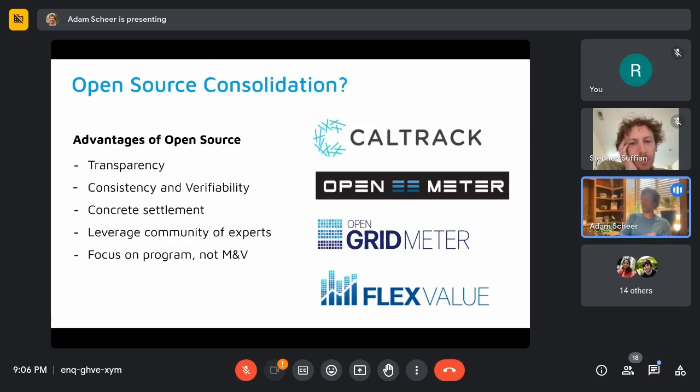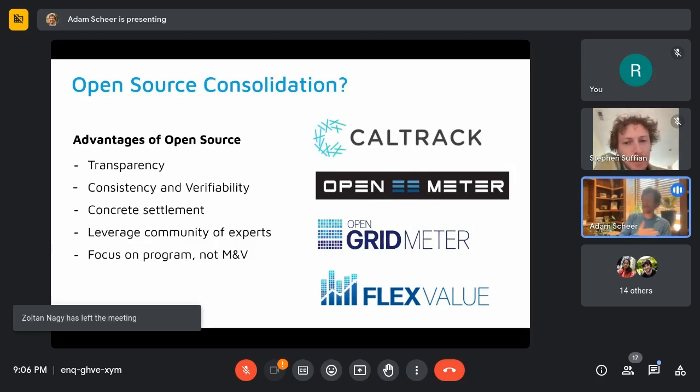And then there is the FLEXvalue code base, where we've taken avoided cost data, and you can take hourly savings outputs and calculate the GHG savings and the avoided costs associated with those savings. That's an open source code package.